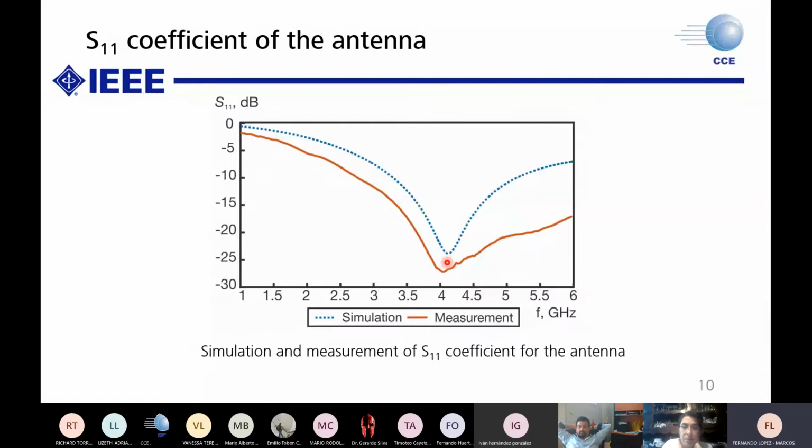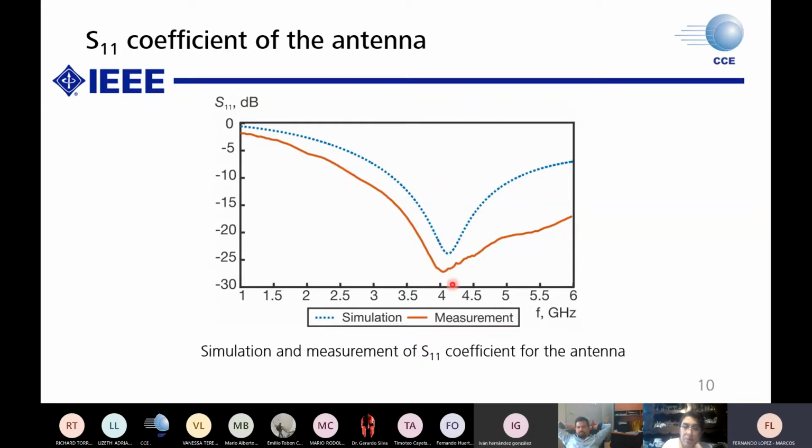The reflection coefficient for the antenna was measured using a VNA, a vector network analyzer. The results of the measurement in comparison with the simulation are shown in this plot. The reflection coefficient got a peak value of minus 26 dB at 3.95 gigahertz.